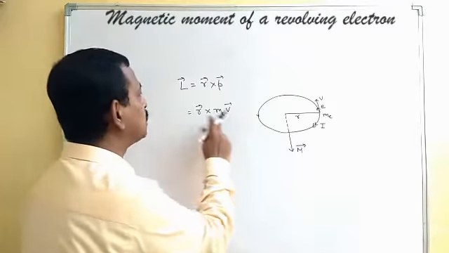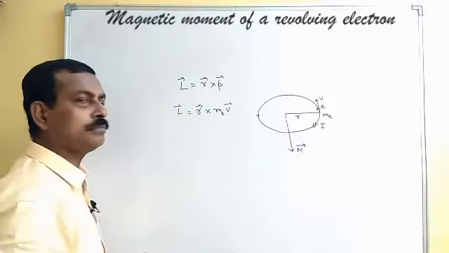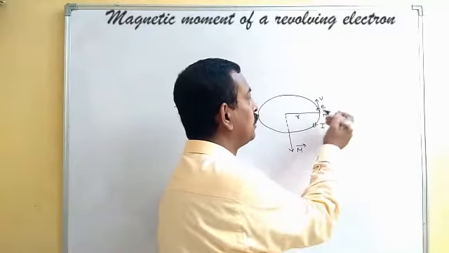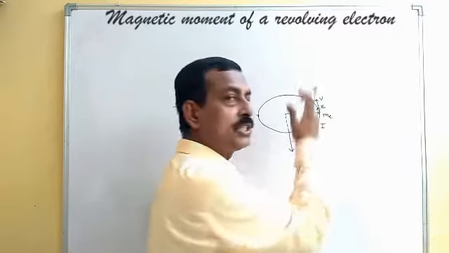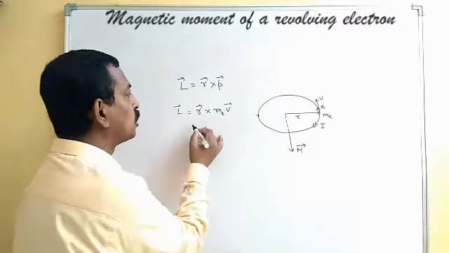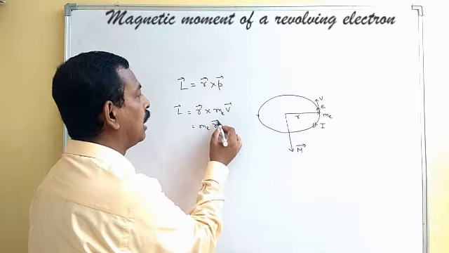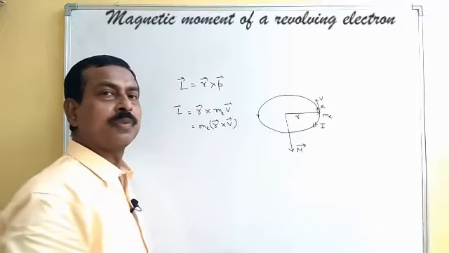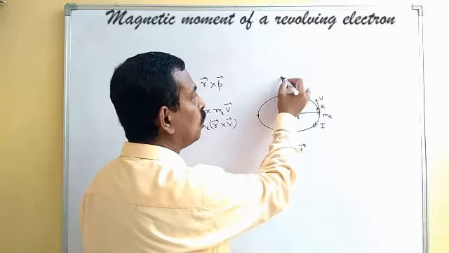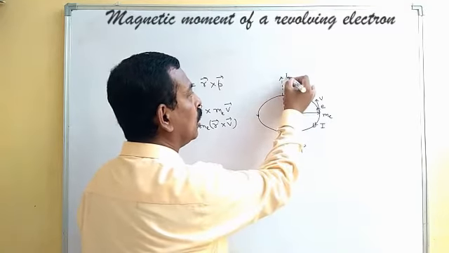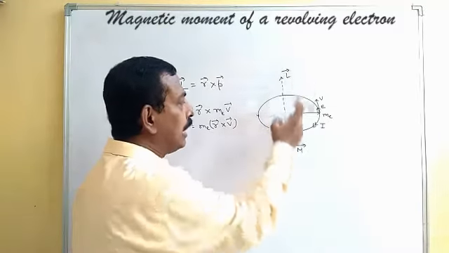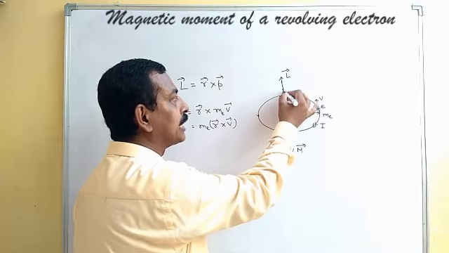So we'll have this expression for L. Now you consider here this r has this direction, v is in this direction. So if you consider the cross product of r and v, because this we can write as m_e r cross v. So this r cross v, if r is in this direction and v is here, the direction of L or angular momentum will be in the upward direction. That means you can see this L and M are in opposite directions.